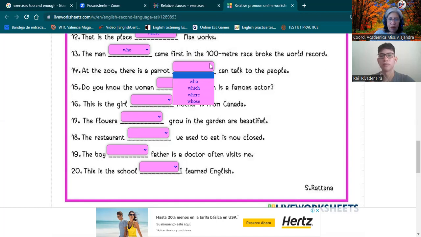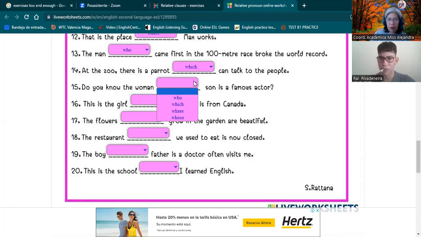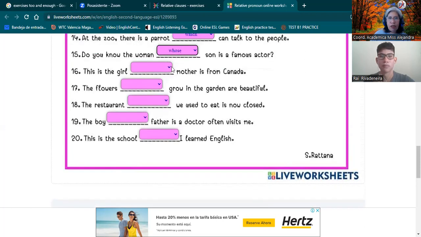Do you know the woman whose son is a famous actor? Whose son is a famous actor? This is the girl whose mother is from Canada. Whose mother?